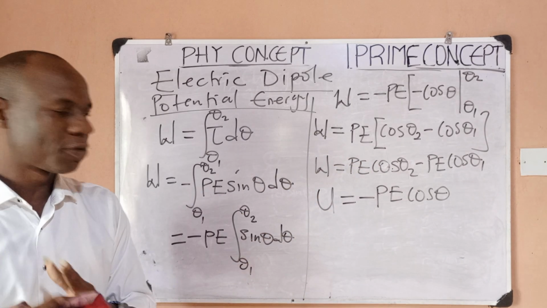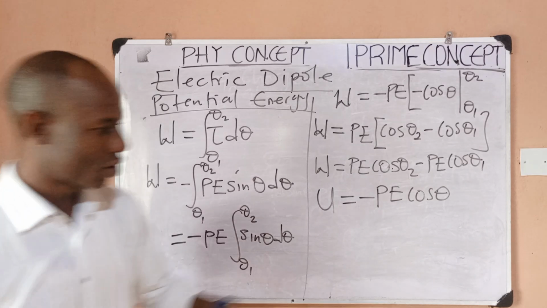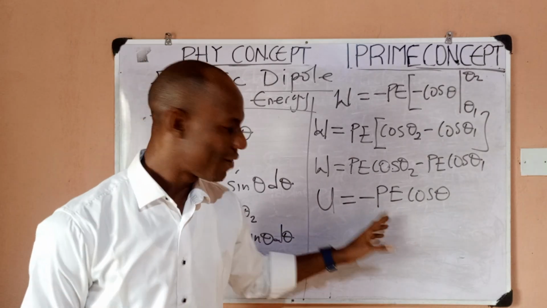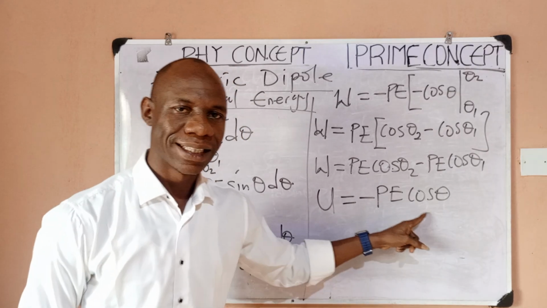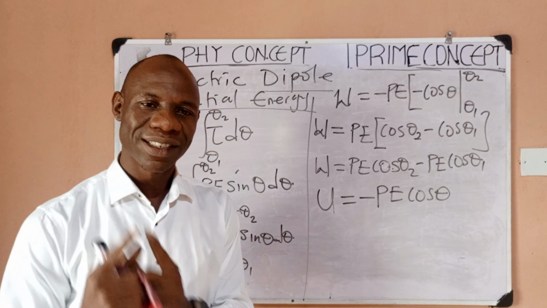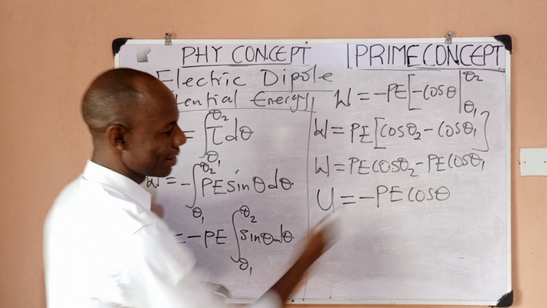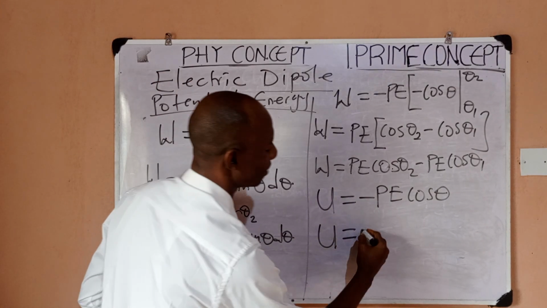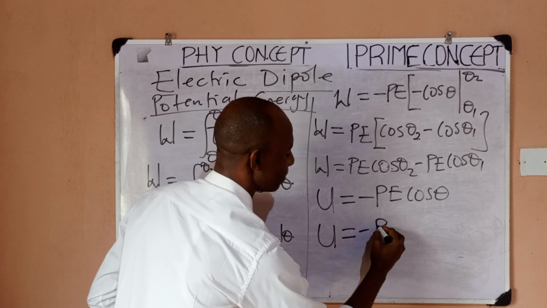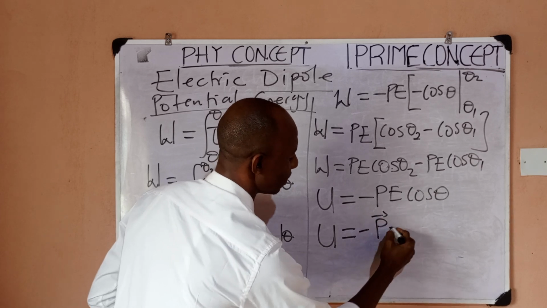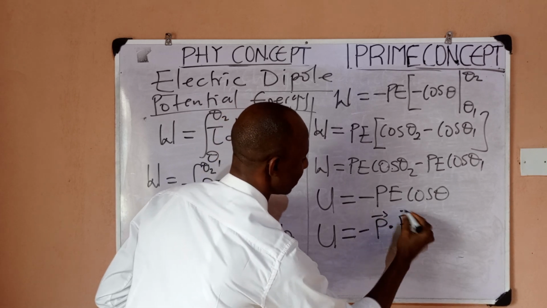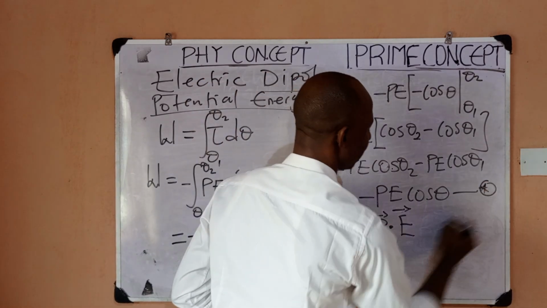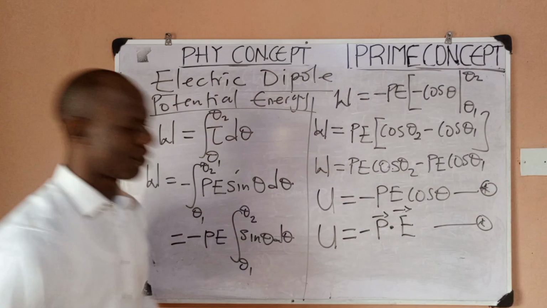Now, if you recall from vectors, whenever you have two quantities multiplying and then you have cos, it simply means dot product. So I can write this in another form: U is minus P, the vector form, dot E. So either I use this or I use this, depending on what I am given.